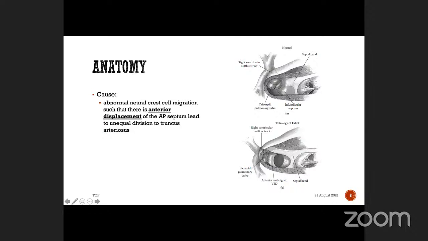I've read another hypothesis, I think it's the Van Praagh hypothesis, which states that the origin of tetralogy of Fallot is hypoplasia of the pulmonary artery itself, or the root of the pulmonary artery, which pulls the truncus septum anteriorly.